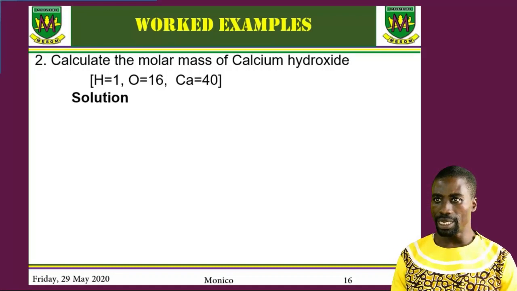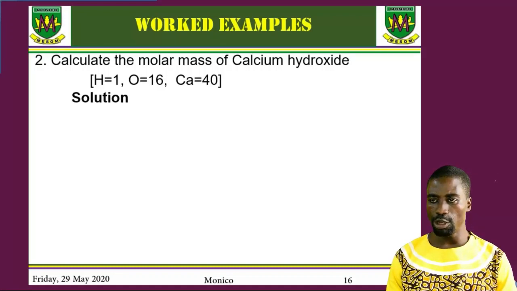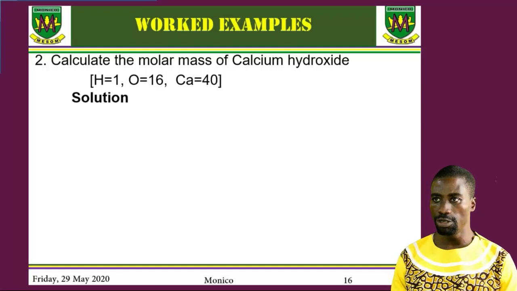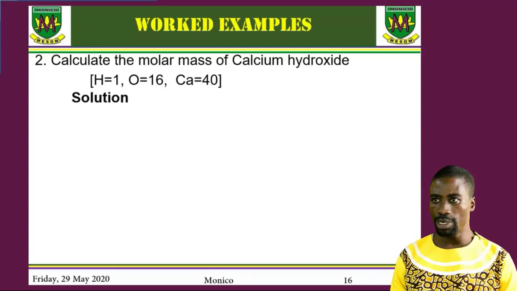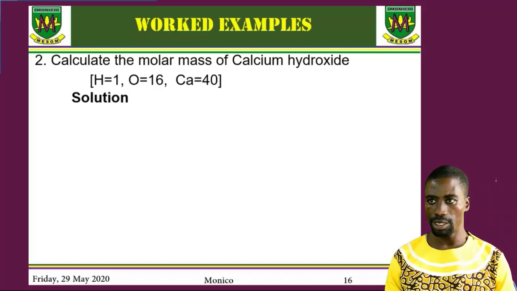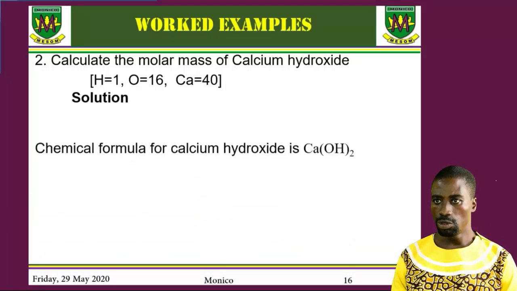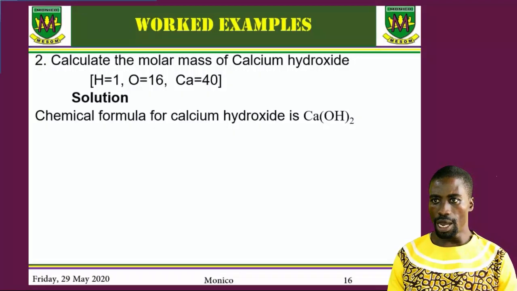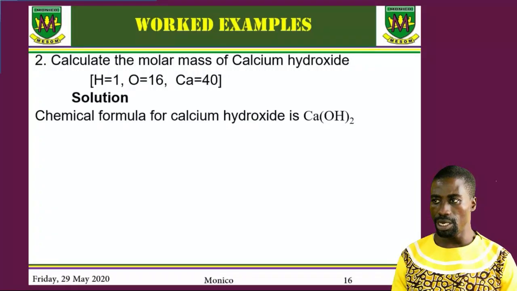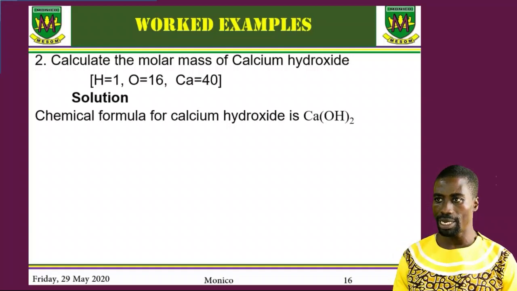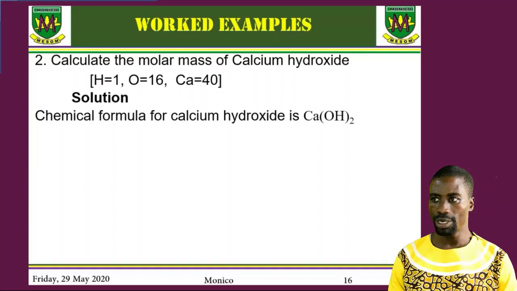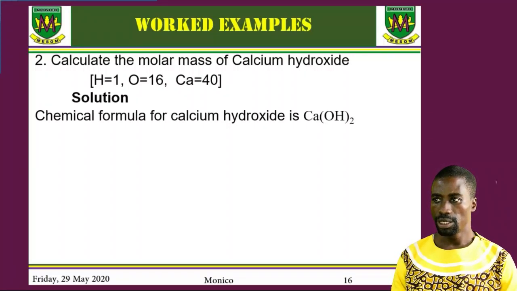But at least the relative atomic masses given to you should inform you about the various atoms that make up calcium hydroxide. And so if you are able to write it as Ca, bracket, OH, close bracket, and then 2 outside the bracket, that should inform you calcium hydroxide.